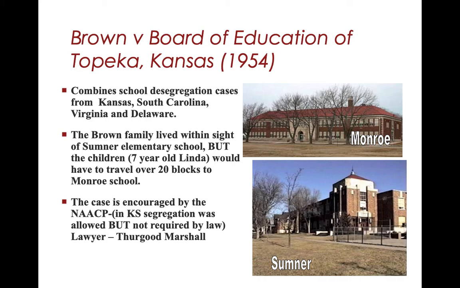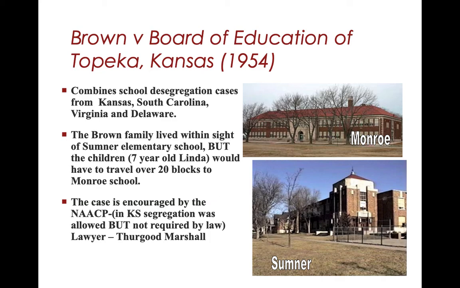And in this case, there are multiple reasons why the civil rights lawyers chose to pursue this case about the Brown family. But one of the main reasons is that here in Kansas, segregation of schools was allowed, but it was not required, unlike a lot of the southern states where segregation was required by law.